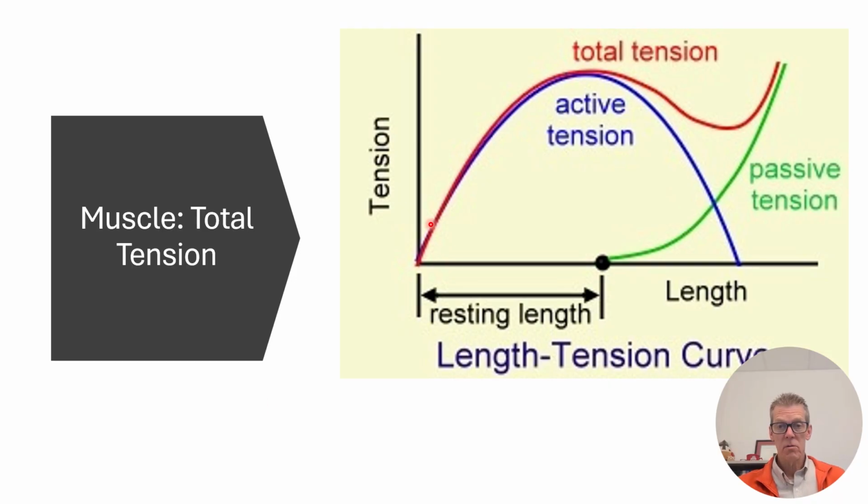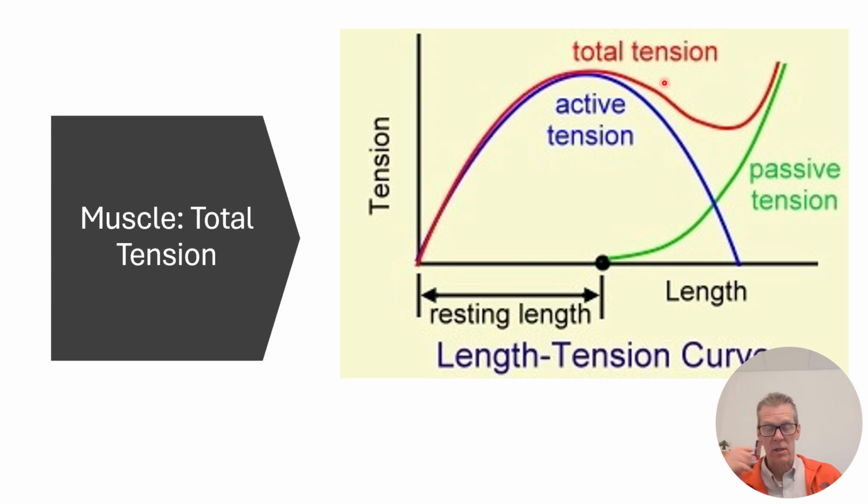If you put those two things together, our active tension curve and our passive tension curve, you end up with total tension. And so total tension will be a little bit greater as we start to lengthen the muscle, because we've got some active tension capacity and we're gaining a lot of passive tension capacity.